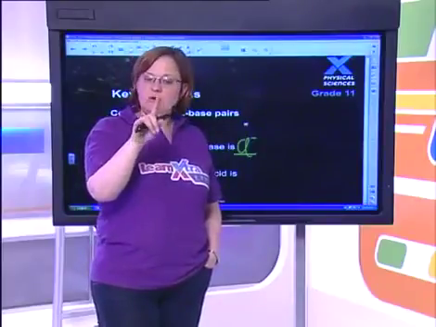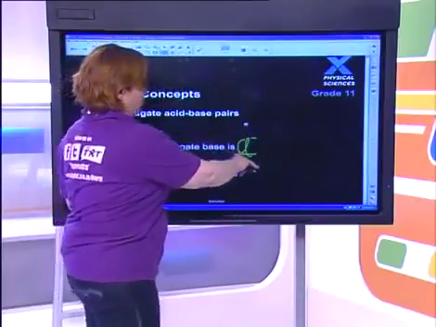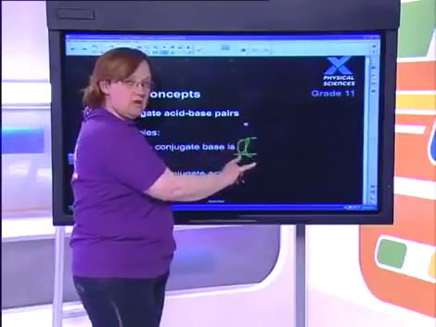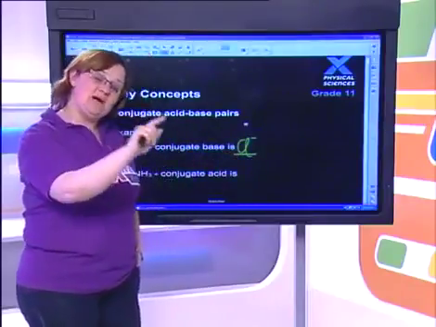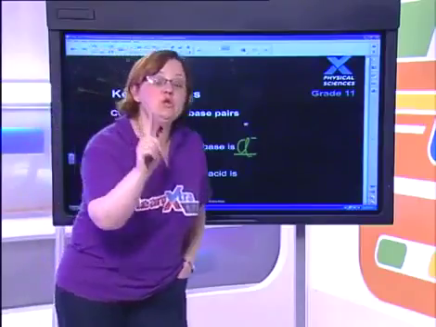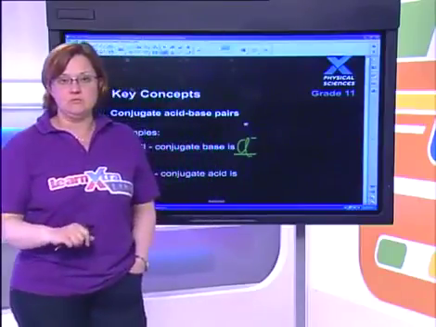Cl minus has no hydrogens to give away. It can no longer behave like an acid because the definition says an acid must be a proton donor. There's no proton to give away, not a chance. But Cl minus absolutely can accept a hydrogen.